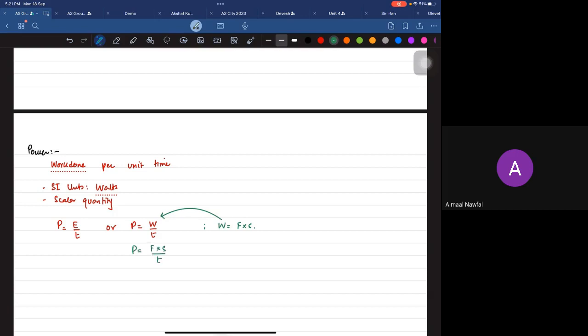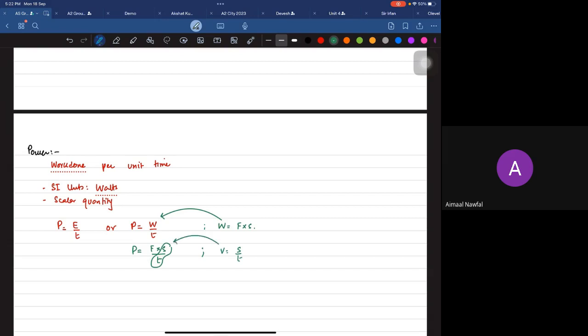Anybody has any issues with these? No, sir. Now check this out. If power is force times displacement over time, what would displacement over time be? Velocity, right? So I can replace it here.